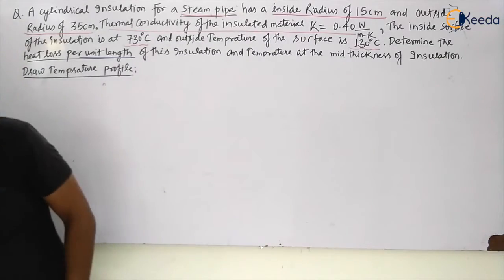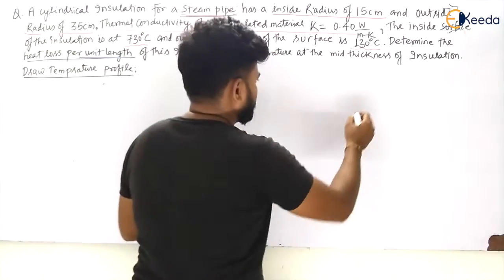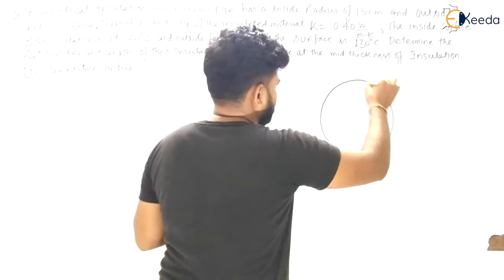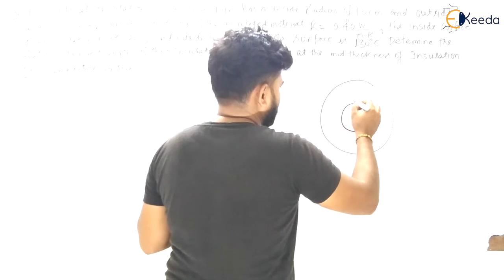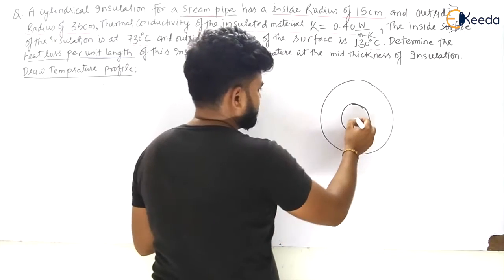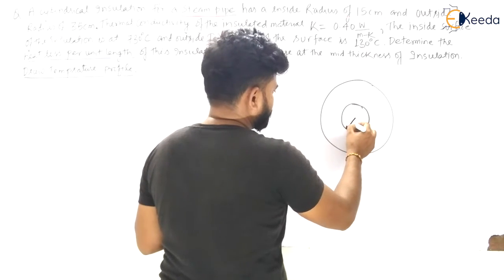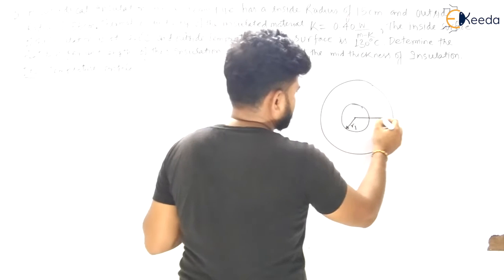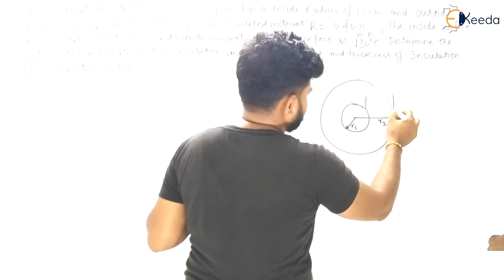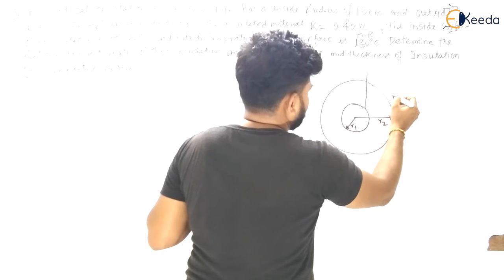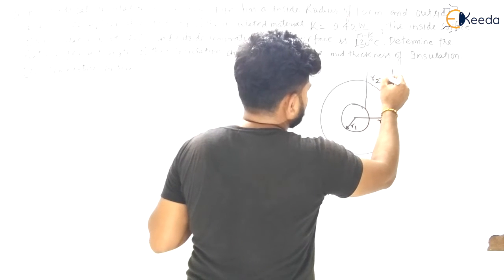So what is the mid thickness of insulation? This is your cylinder again, and I am drawing it small. Let us say R1 is where steam is flowing, and R2 is where insulation is added. The thickness, R2 minus R1, is the thickness of insulation.